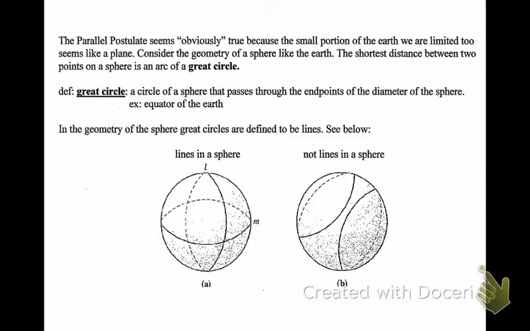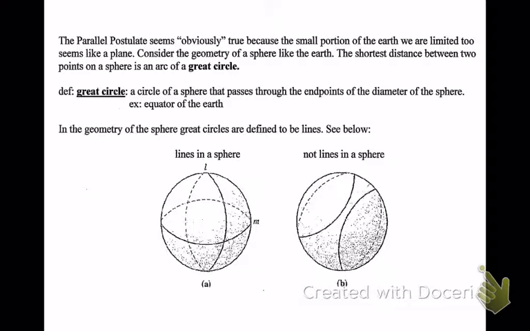A great circle is a circle of a sphere that passes through the endpoints of a diameter of the sphere. So it's the largest possible circle you can draw on a sphere. The equator of the Earth is a great circle.